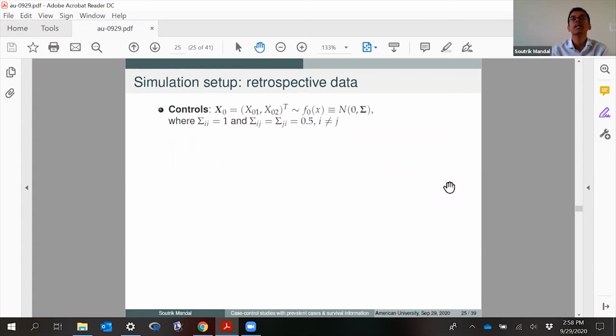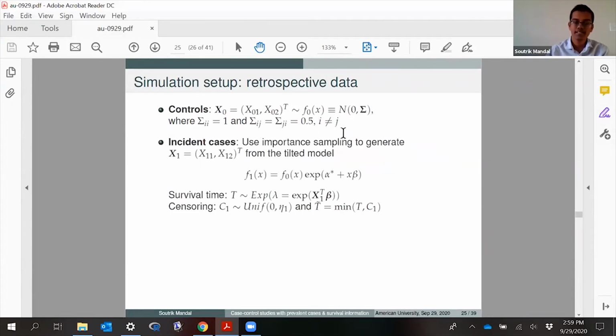How do we generate retrospective data in this problem? For controls, we generate the exposures from a normal distribution with mean 0 and variance covariance matrix sigma, with variance 1 and covariance 0.5.